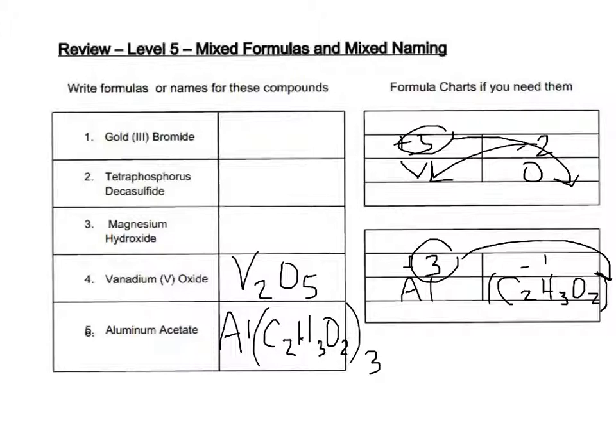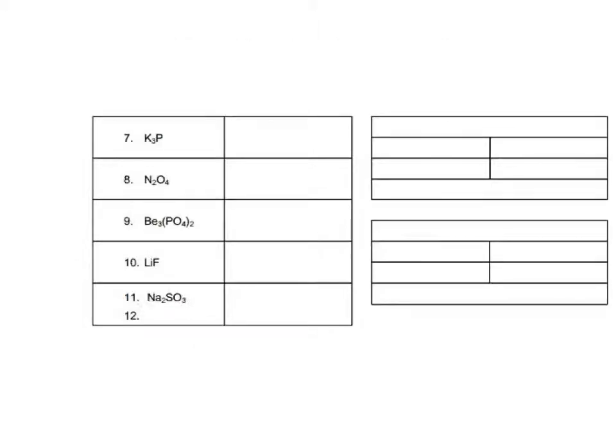Moving on to the next part of the worksheet, we're going to skip to number 7, and we've got K3P. Now we're going back the other way. We're writing the name. K is positive, so we are not going to use prefixes to name this. We'll write the name of K, which is potassium.